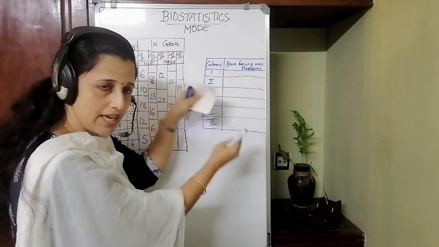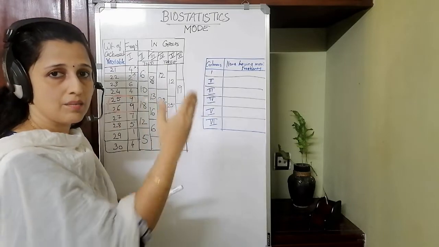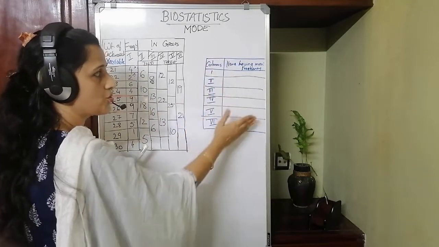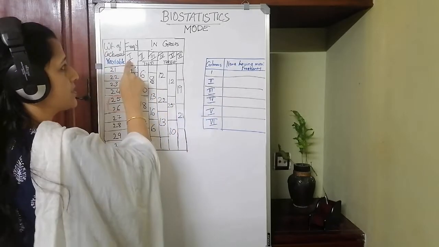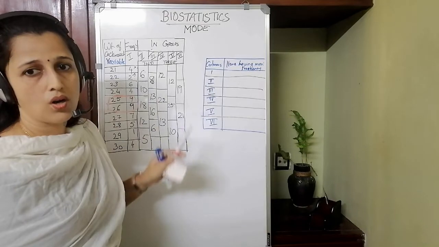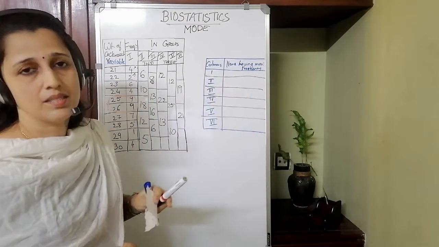For that you have to make another table in which you can write the maximum frequencies. This table has 2 columns. One for the columns, that is 1, 2, 3, 4, 5 and 6, and then the items which are having maximum frequencies.